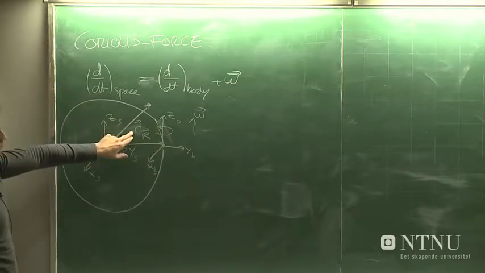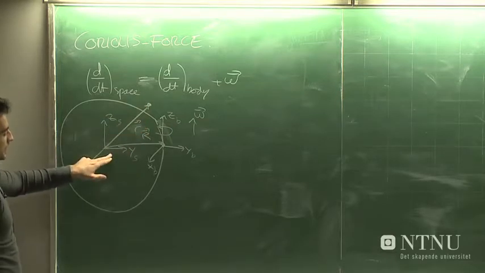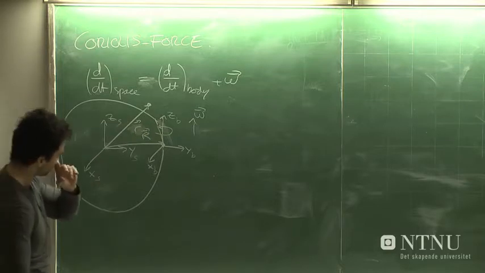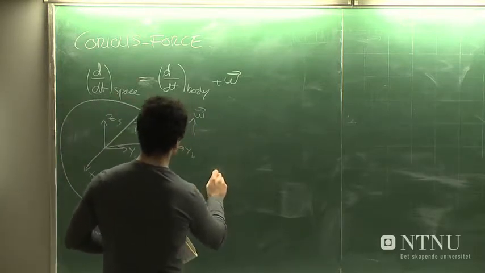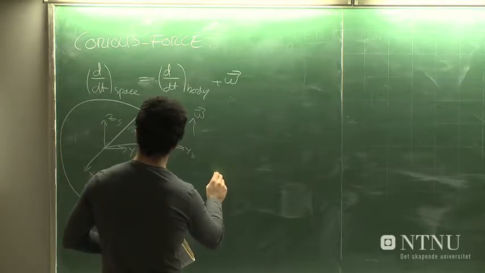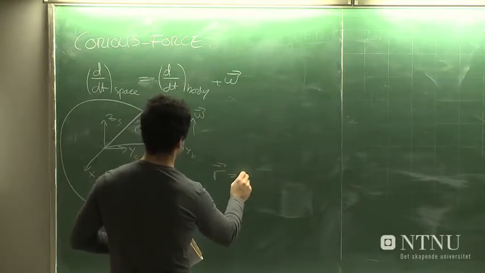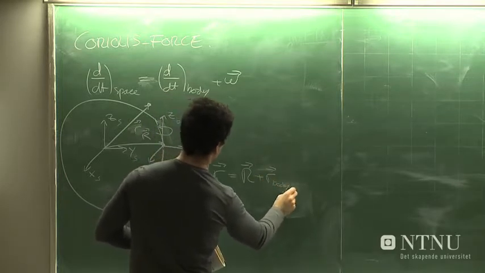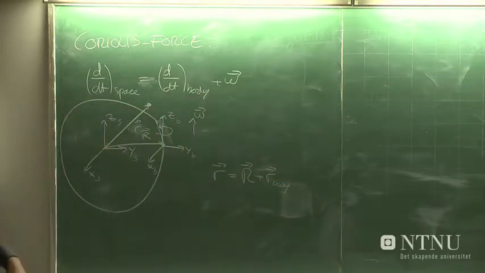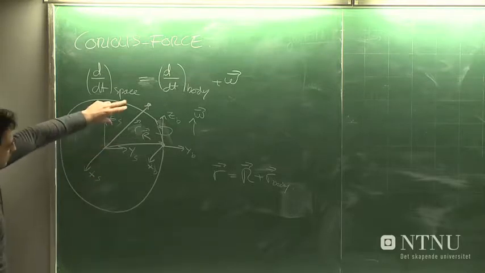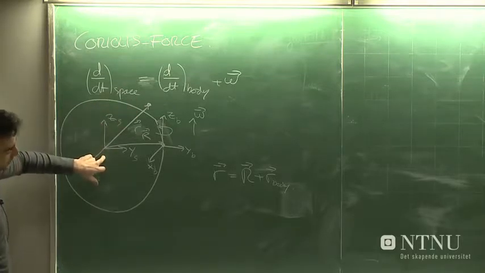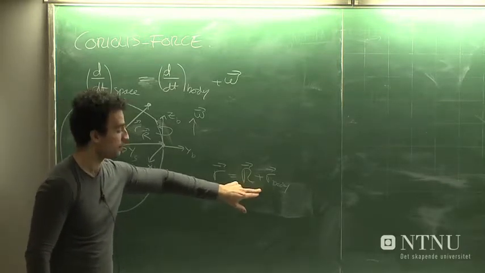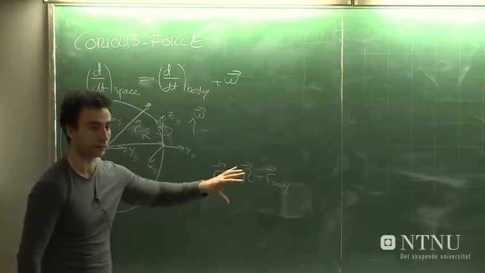Let me denote r as the vector to this point as seen from the stationary system, and large R as the vector connecting the two origos. So the position vector as seen from the stationary system is given as the position vector as seen from the body system plus the vector connecting these two origos.